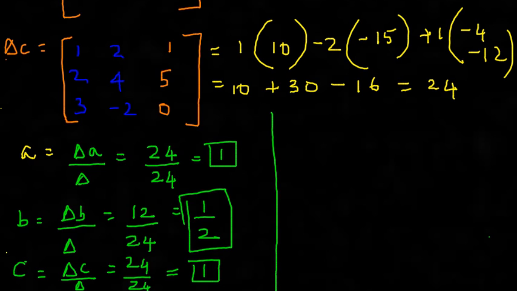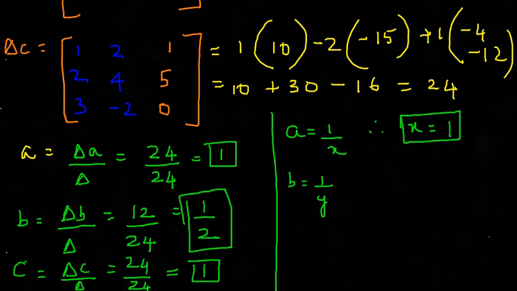Now, the sum doesn't stop here because we have to find x, y and z and not a, b and c. Therefore, what did we assume? Let a be equal to 1 by x. Therefore, x is also equal to 1. Then we said b is equal to 1 by y. That is, 1 by 2 is equal to 1 by y.